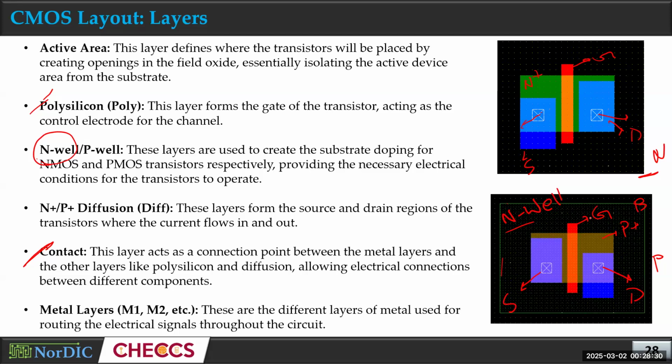But for NMOS, do you have the POL? What is the substrate? Can you see that here? We have gate, source, drain, but we don't have any NOL or POL, right? But for NMOS, we know that the substrate is P-type. So we should have used a POL here. But the thing is, the black area that you see, the canvas, is actually P-type. So the big area, the canvas that you will draw on, is actually P-type.